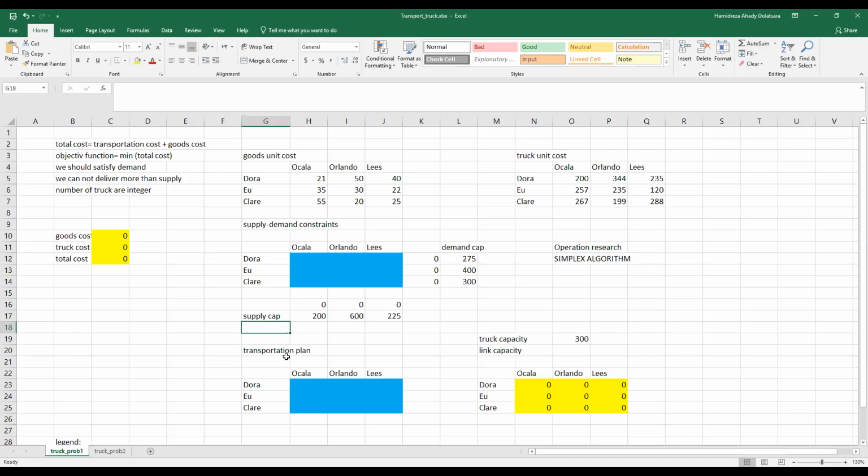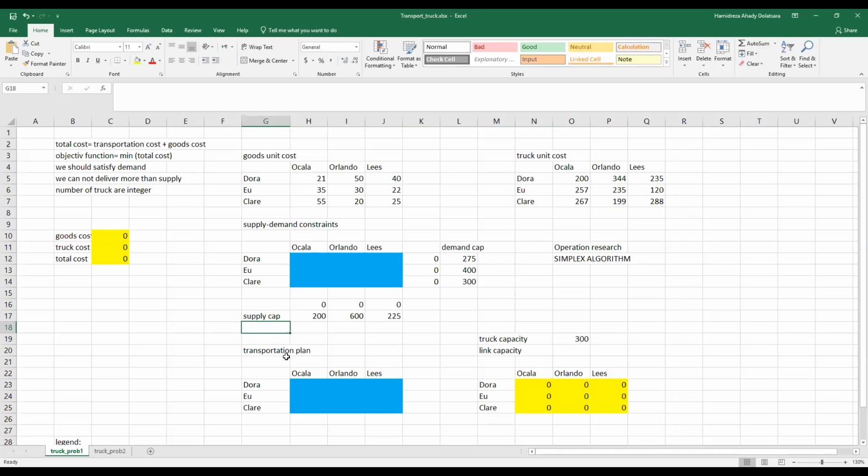In some cases, you have seasonal demands or some probabilistic demands. So that's just the next step after this. But the first step is that you need to know how to formulate a simple deterministic problem.